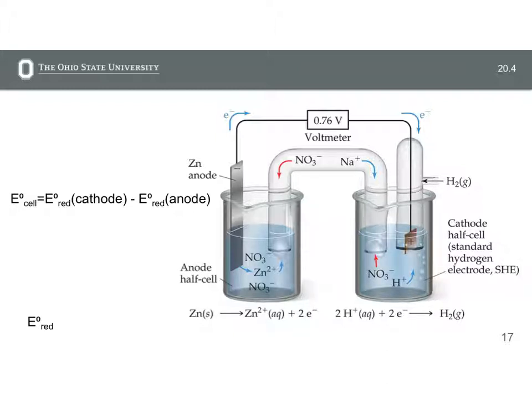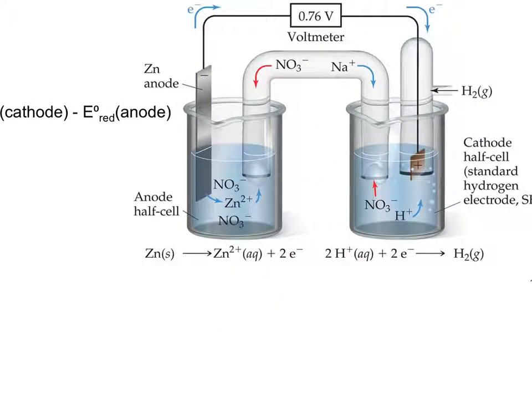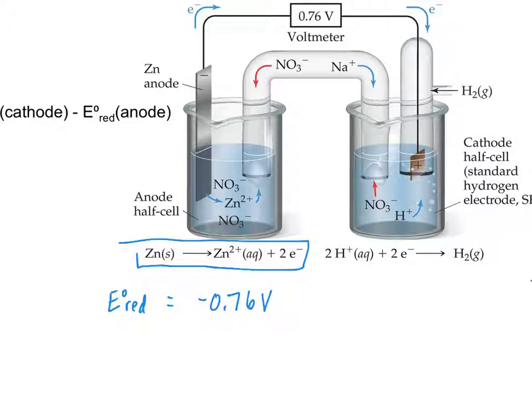So if you were to look at table 20.1 and find the reduction potential for the zinc half reaction, this half reaction, zinc solid forming the 2+ ion and losing 2 electrons, you would find that the reduction potential is minus 0.76 volts.